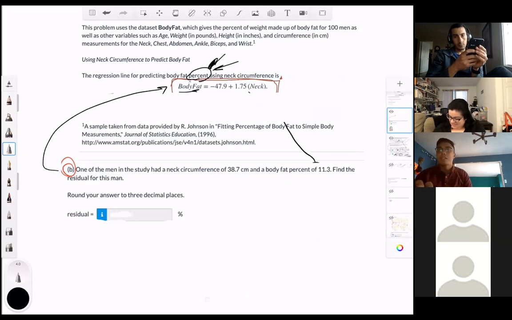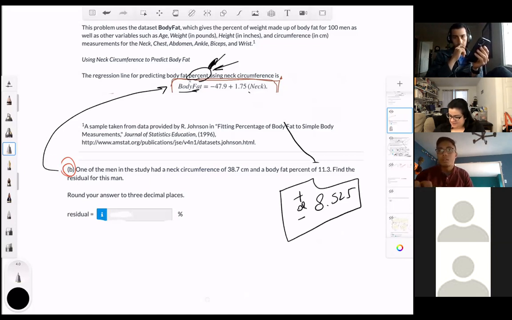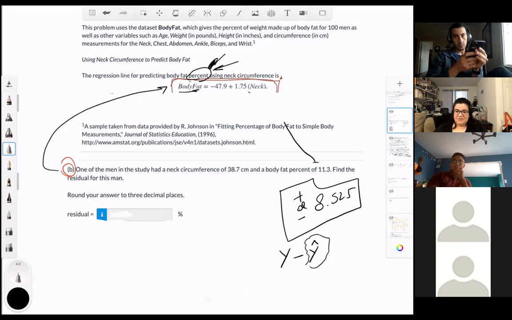What did you get? 8.525. Positive or negative? Positive. So is it y minus y hat, correct? This is a predicted one, and that's the real one. Never mind. Negative. Okay.